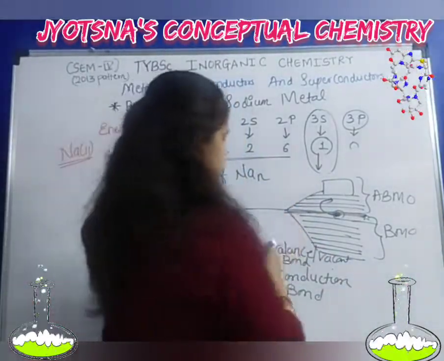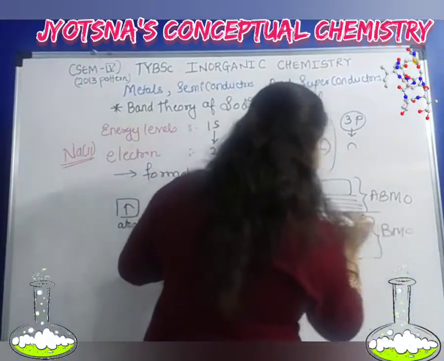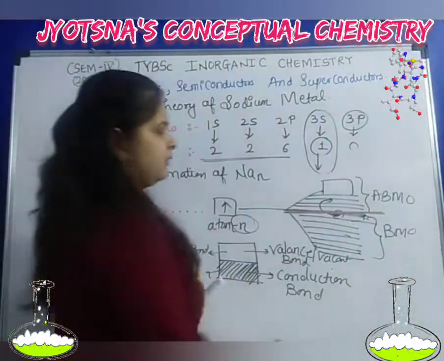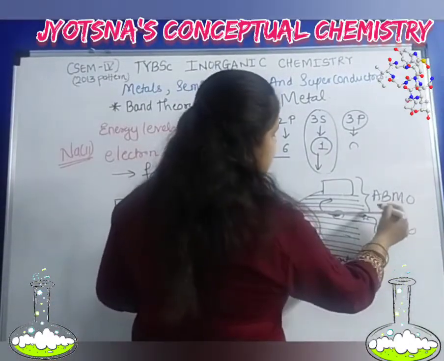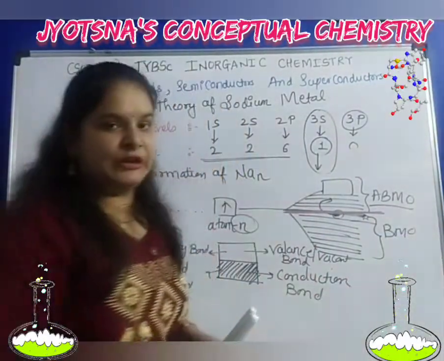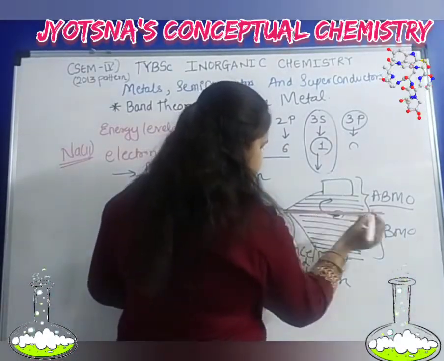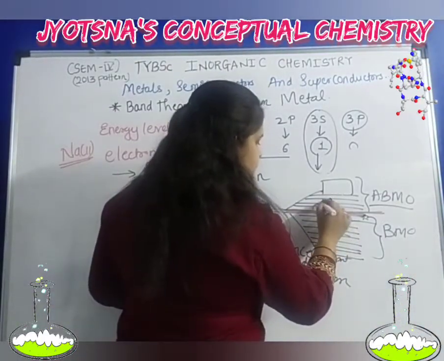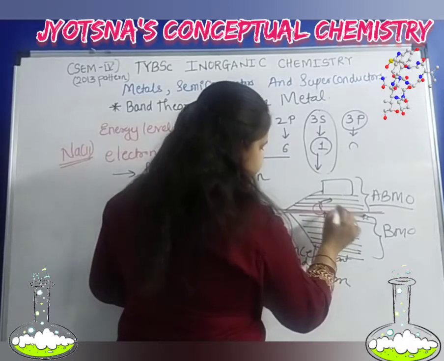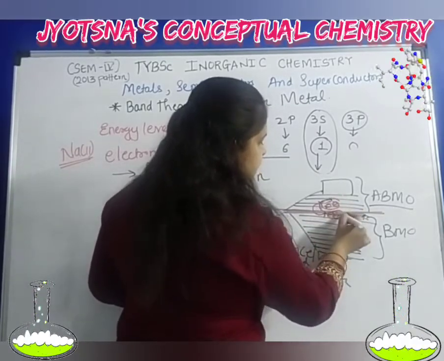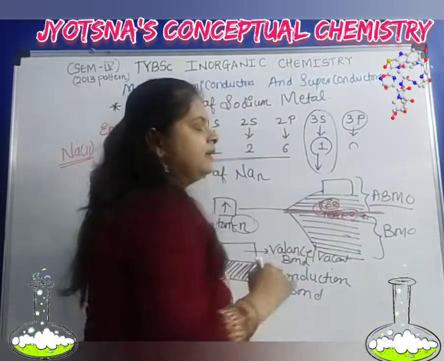this is the middle of it, this is the bonding molecular orbital and here it is the anti-bonding molecular orbital. This contains electrons, so 1 electron will go and it will create one positive charge, but it will be compensated by another electron.